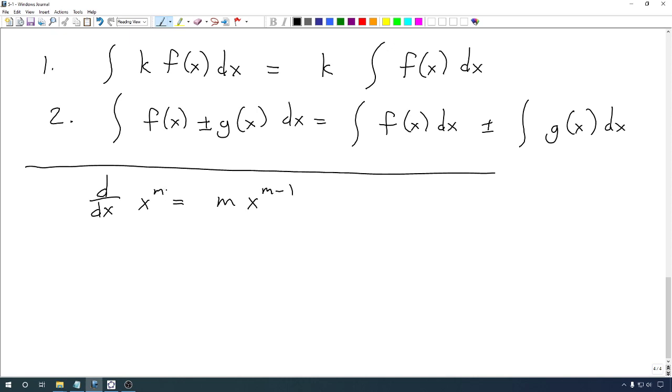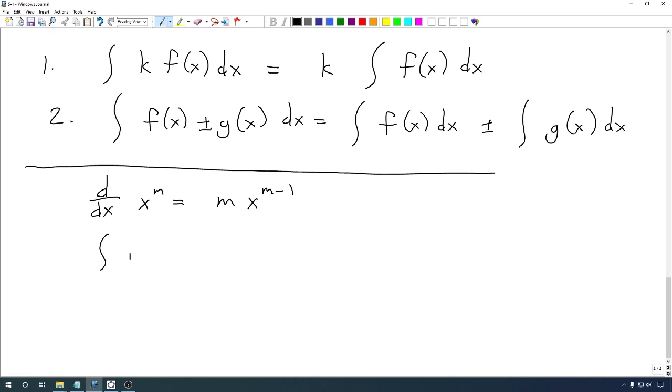I'm going to use an m here because I'm going to have to switch it out for a different letter later. You'll see what I mean by that in a moment. But if I differentiate x to the m power, I bring down that m in front, and then I subtract 1 from our power. I want to turn this around into an integration formula. Essentially, if the derivative of this equals this, then the integral of this one over here equals this.